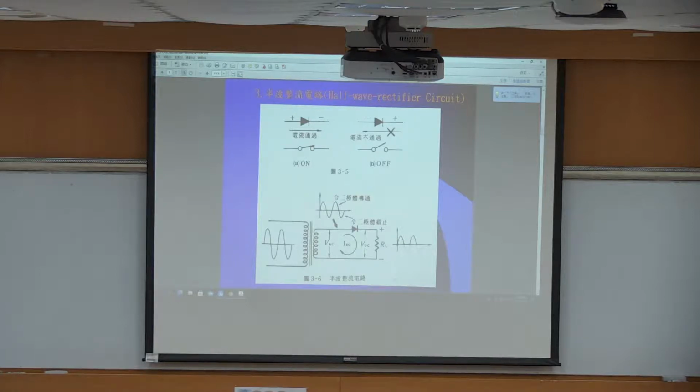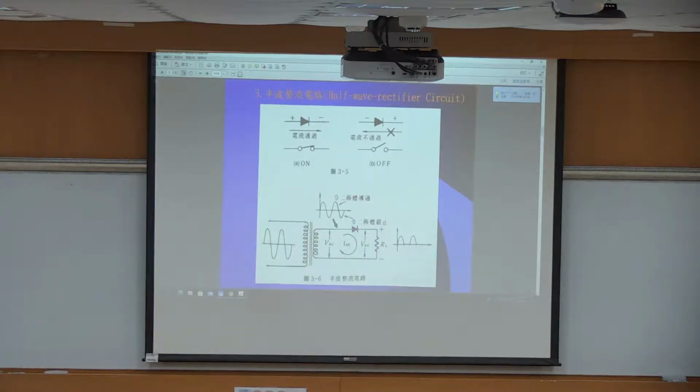As to the first rectifying circuit, the half wave rectifier, we use a diode and a load resistance, and the different polarity of the input waveform will let the diode conduct or cut off in the positive or negative voltage.